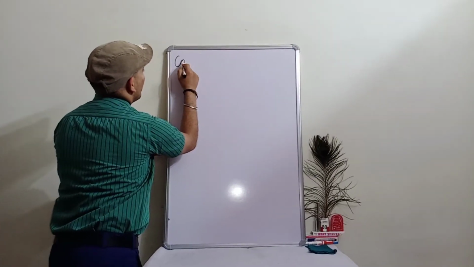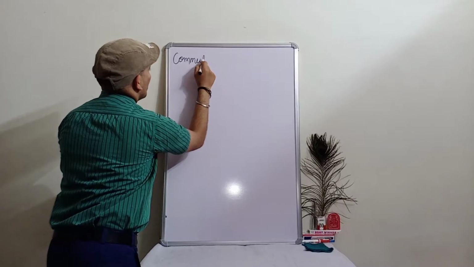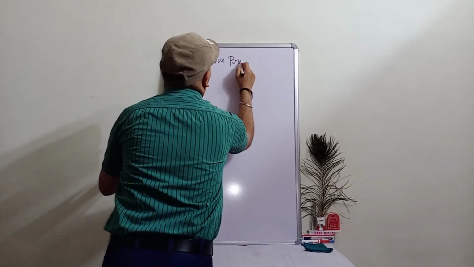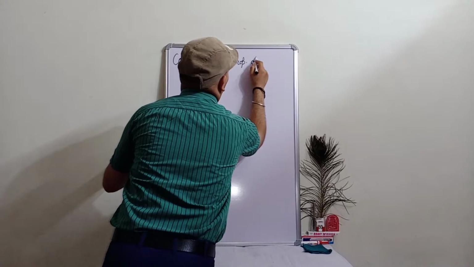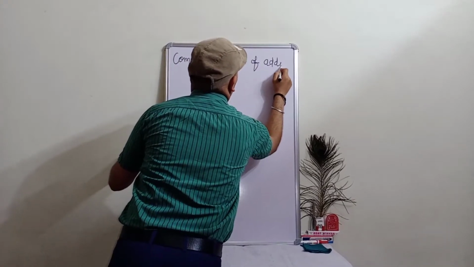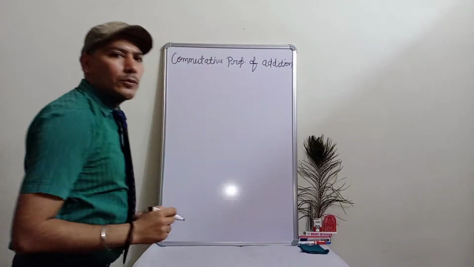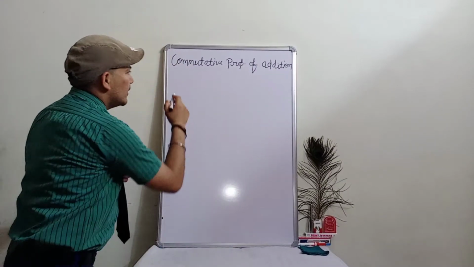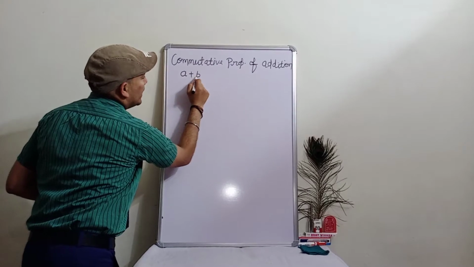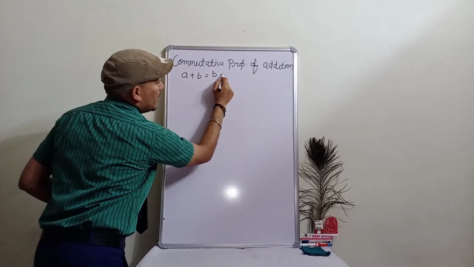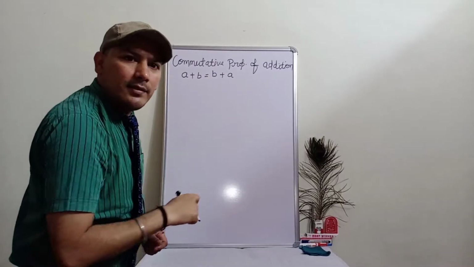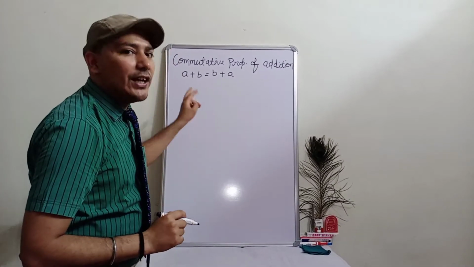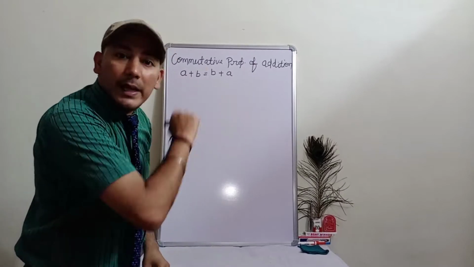What does the commutative property of addition say? It says that A plus B is equal to B plus A. Means if we change the order of integers in addition, then the answer will be the same.